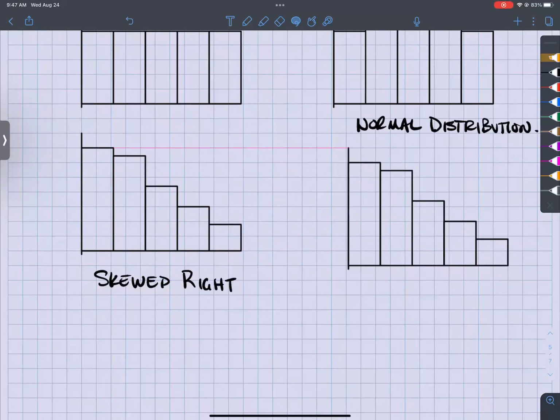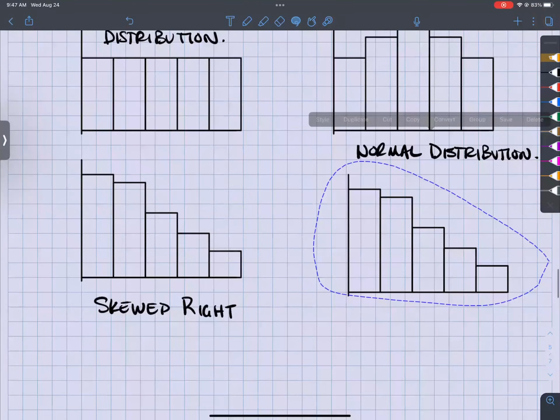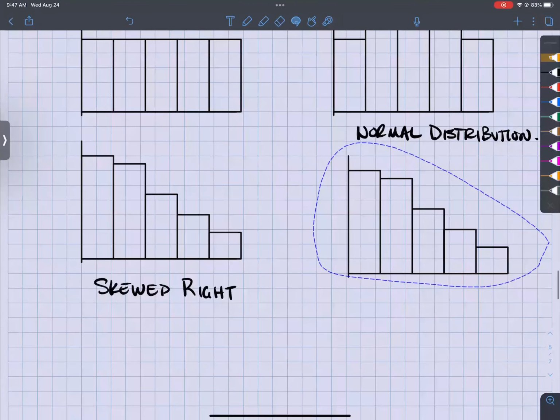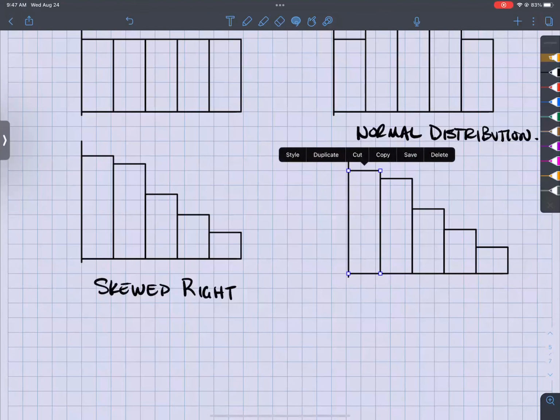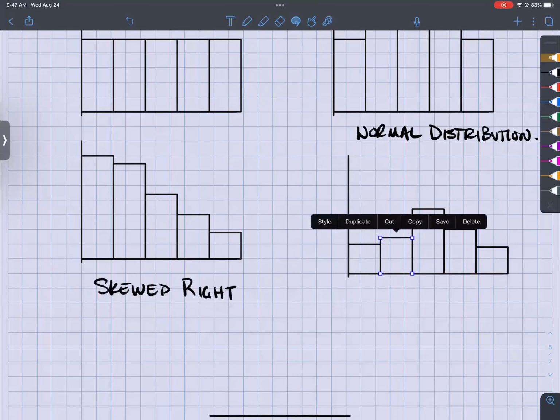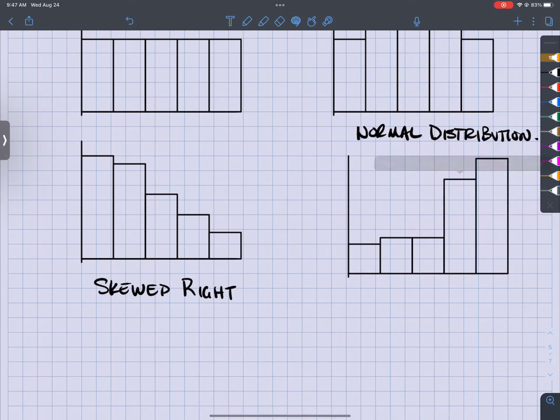Well, it's just a bell-shaped curve, but we're going to end up calling it normal distribution. And this would be skewed left.